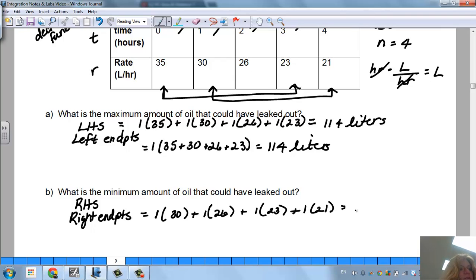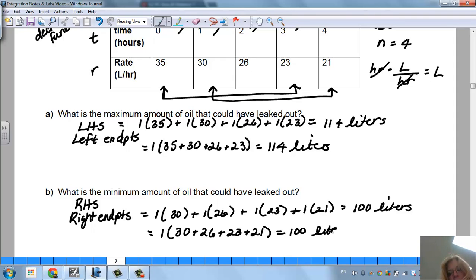This comes out to be 100 liters, which is our lower bound, if you want the minimum amount. And I can write it again like this, to show you where that comes from.